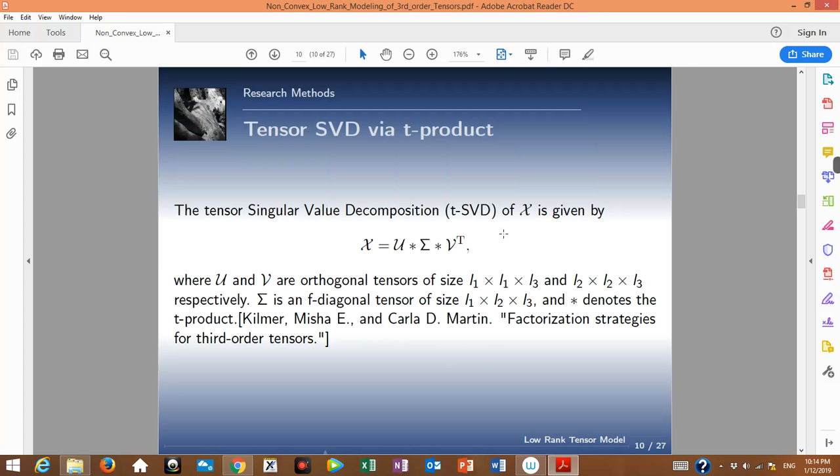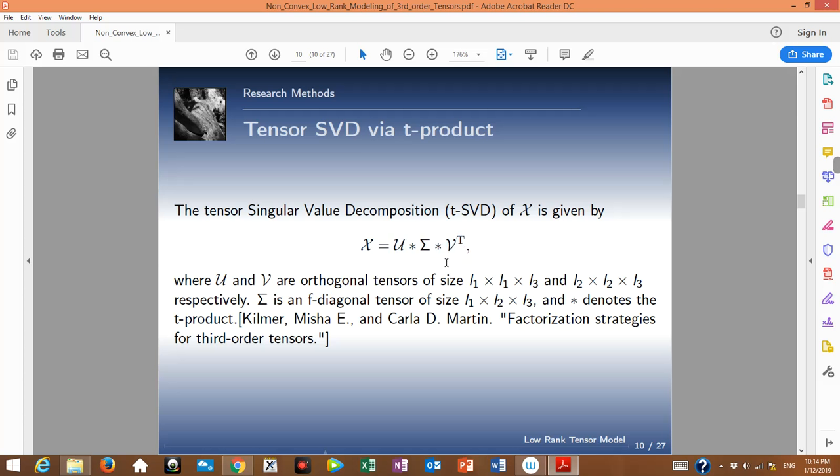Now, to study tensors, we need to introduce some very useful mathematical tools. For example, when we do dimension reduction of two-dimensional data, we need to use the SVD of a matrix, and we can throw away the components with smaller singular values. But for tensors, it is very useful to introduce the tensor SVD.